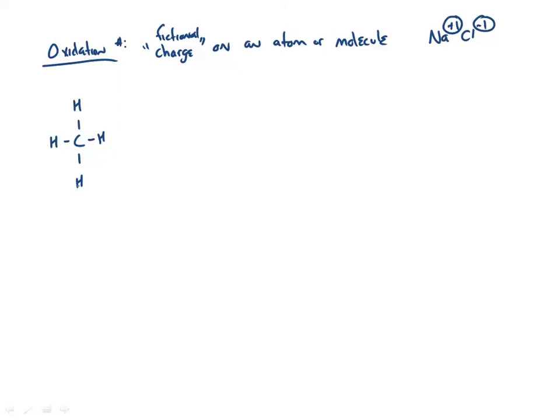What we're saying is that if hydrogen is always plus 1 and oxygen is always minus 2 for our simplified stuff that we're looking at, then we can say that carbon must be a minus 4 in this case, right? Because I've got 4 hydrogens at plus 1 and 1 carbon at minus 4.